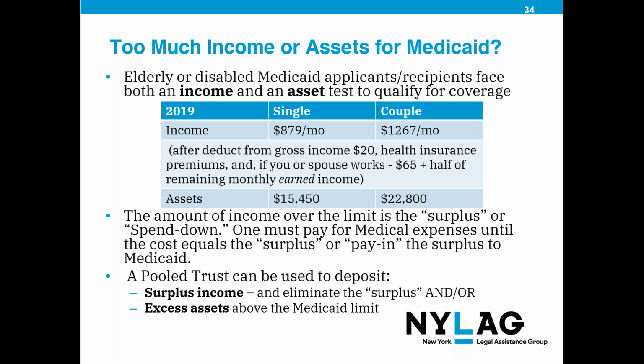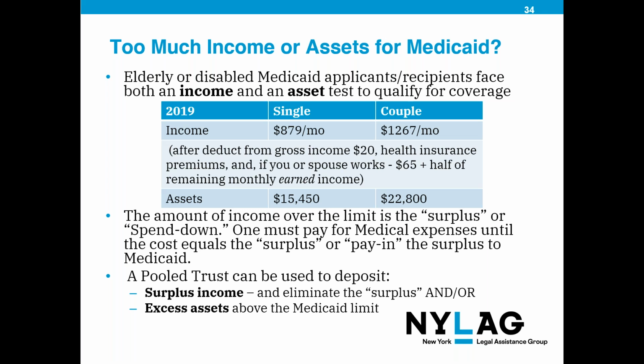So that is the group in one type of Medicaid, and they have an income limit that's in the chart, and they have an asset limit that's in the chart. And many people think that's the only kind of Medicaid because that's their main clientele. But it's just one group of Medicaid.